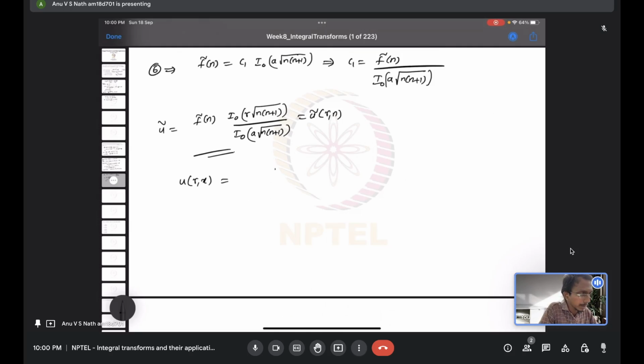So we will use the basic definition: f tilde of n I0 of r square root of n into n plus 1 by I0 a square root of n into n plus 1, then Pn of x into n plus half, which is basically 2n plus 1 by 2. But this is not an integration but a summation for n equal to 0 to infinity over all the positive integers.